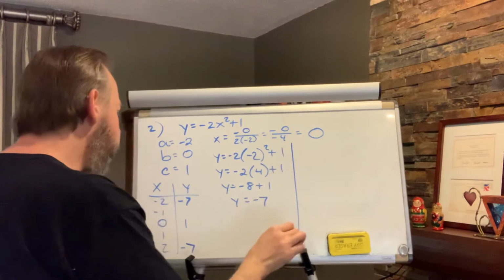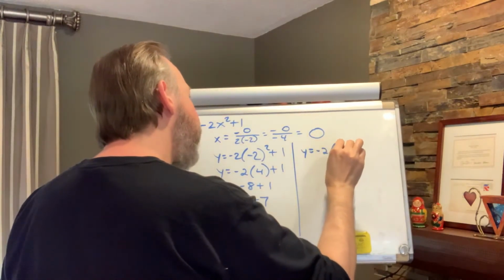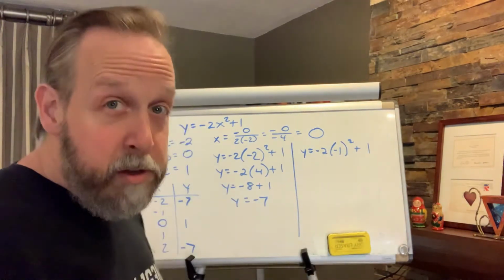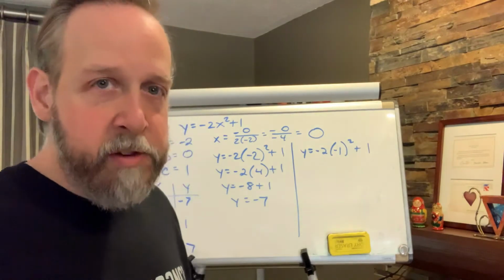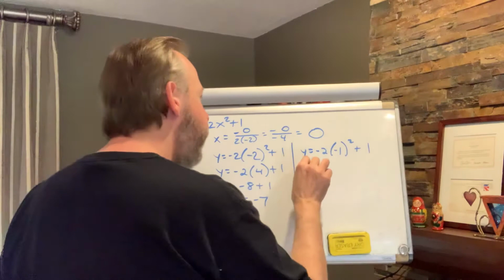And then I'm going to do the other one, negative 1. So y equals negative 2 times parenthesis, negative 1 squared plus 1. Again, you can use a calculator to actually plug in the values to solve, but I want to see the work on paper as well.